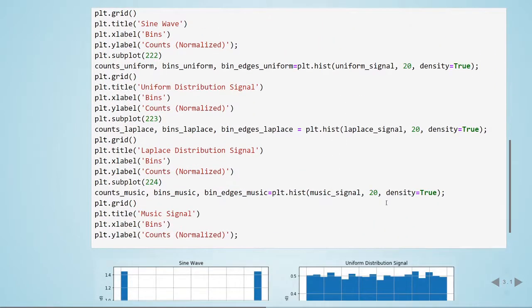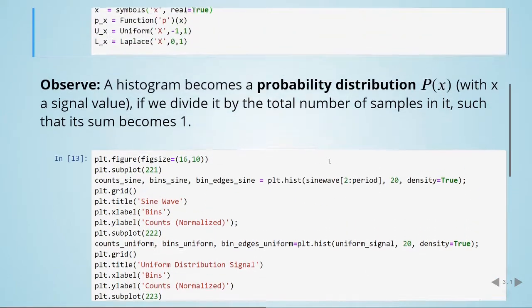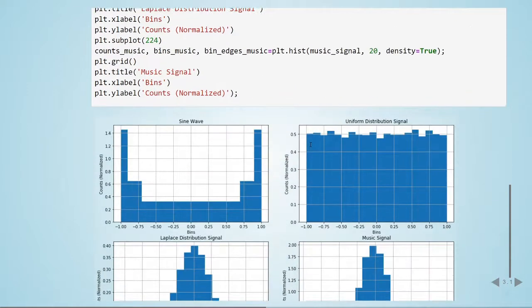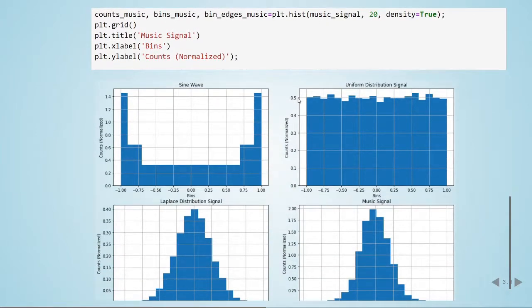And we have here density equals true. That means that we are dividing it by the total number of samples. So this is why we have, for example, the uniform distribution signal, and its values go from -1 to 1, and we see here that the average here is 0.5.